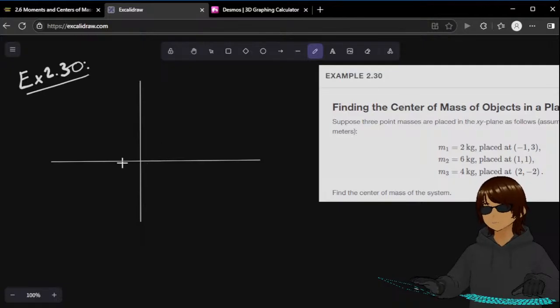So we have (-1, 3), (1, 1), and (2, -2). Intuitively, x naught is somewhere over here.